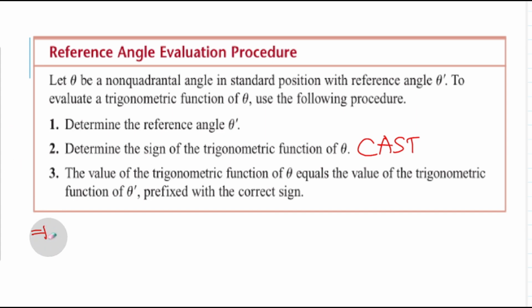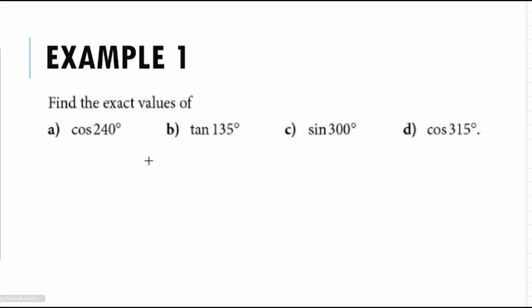Okay, so let's see how it works in the following examples. Example 1. Find the exact values of cos 240. A, we have cos 240 degrees. Follow the steps. Step 1, find the reference angle. We know that 240 is in the third quadrant, right?